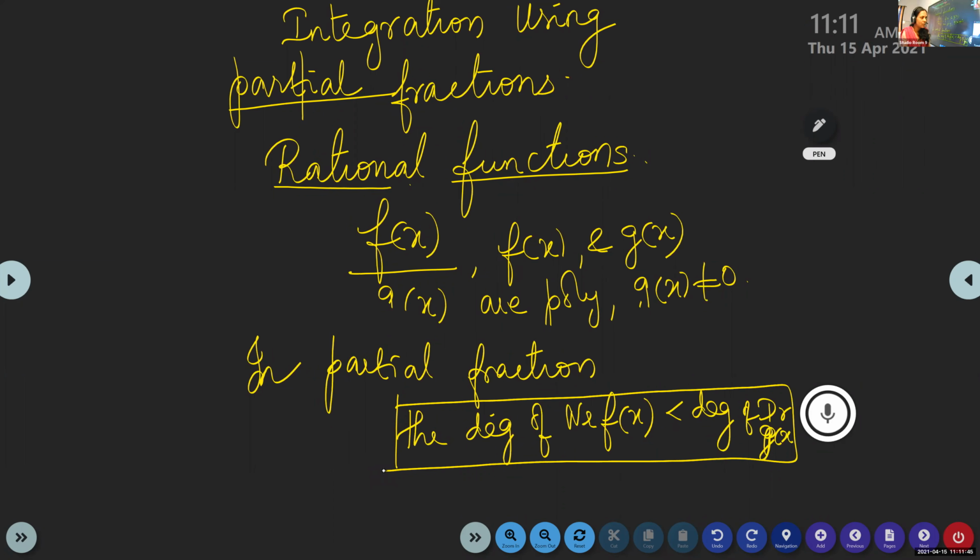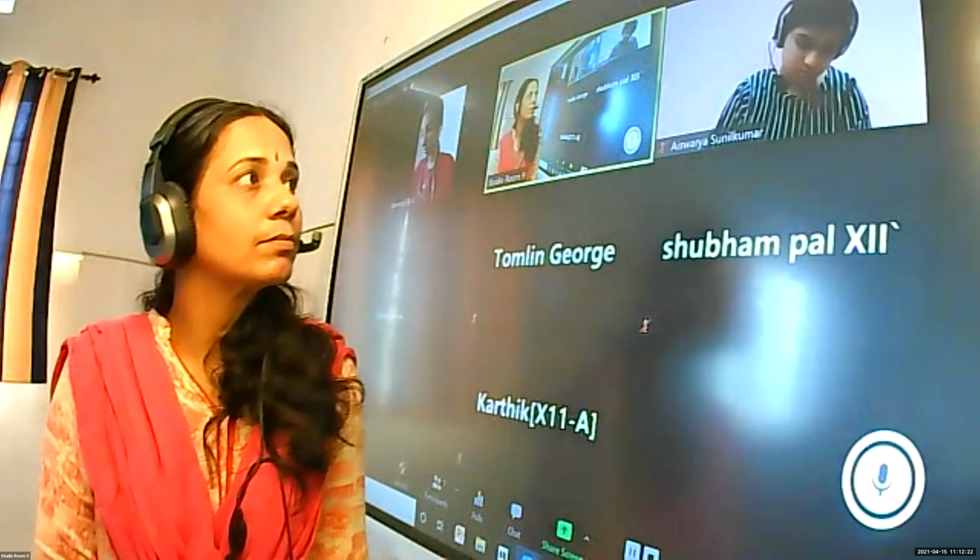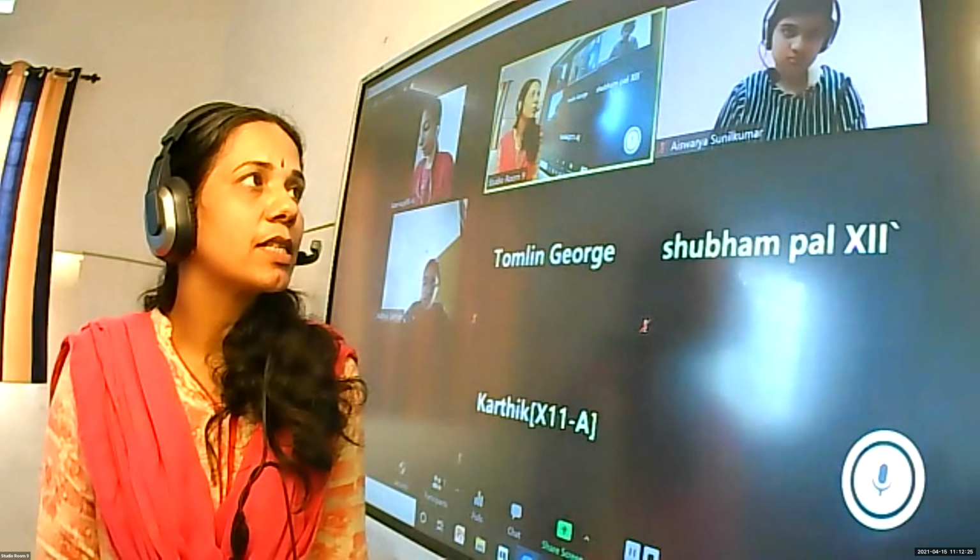What is the condition to be satisfied? The degree of the numerator must be less than the degree of the denominator. Whenever this holds, we can solve the given rational function by the partial fraction method. Is it clear, children? In which case will we be able to integrate by partial fractions? What is the condition to be satisfied here?